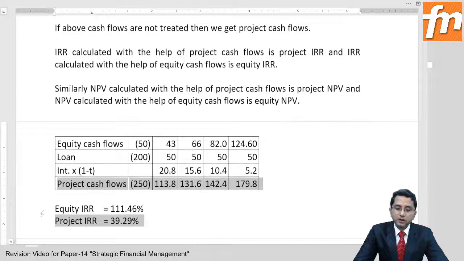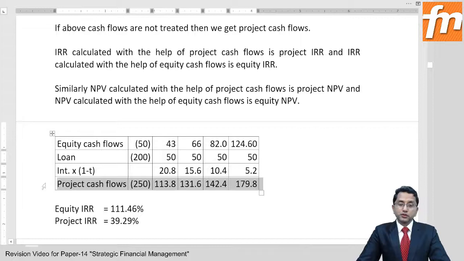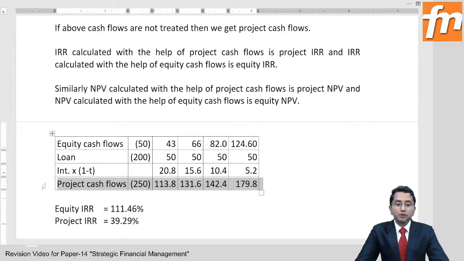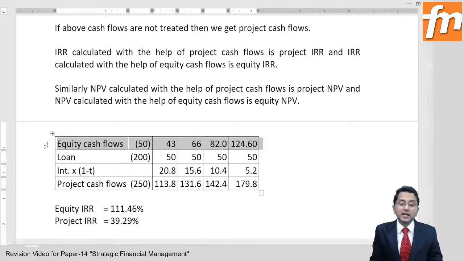That will be project IRR. So finally, moral of the story: if you consider all loan related cash flows, then the cash flows are called equity cash flows. If you ignore all loan related cash flows, then the cash flows are called project cash flows. If you have equity cash flows and you discount them with cost of equity, you will get equity NPV.